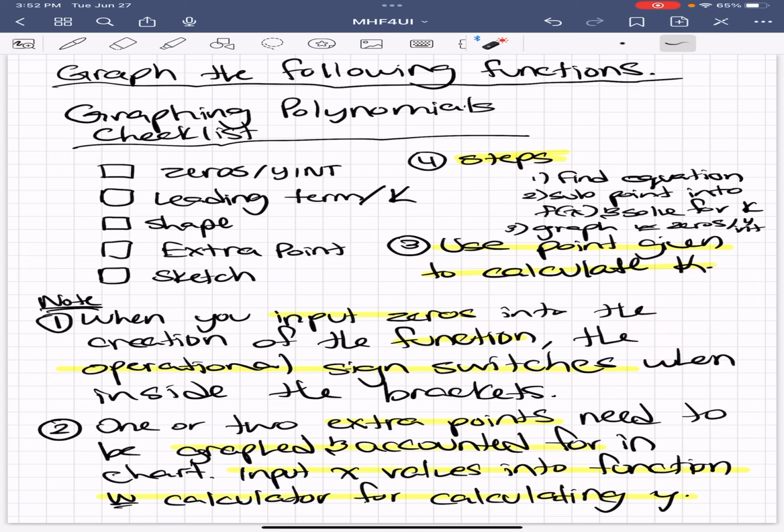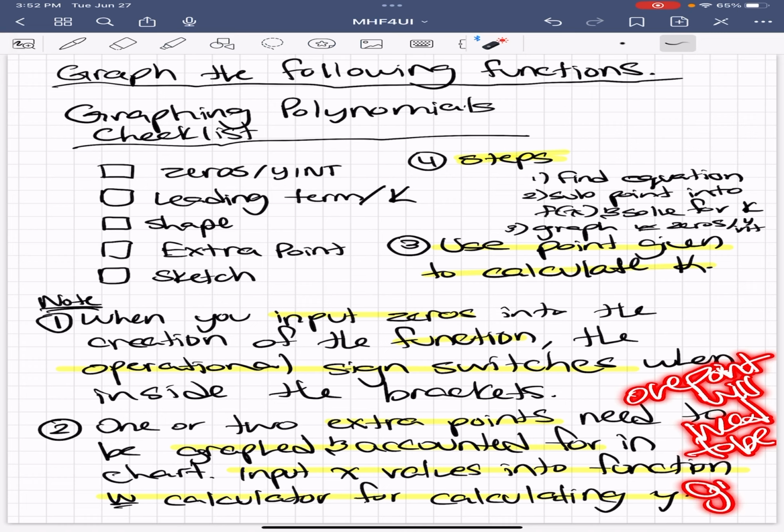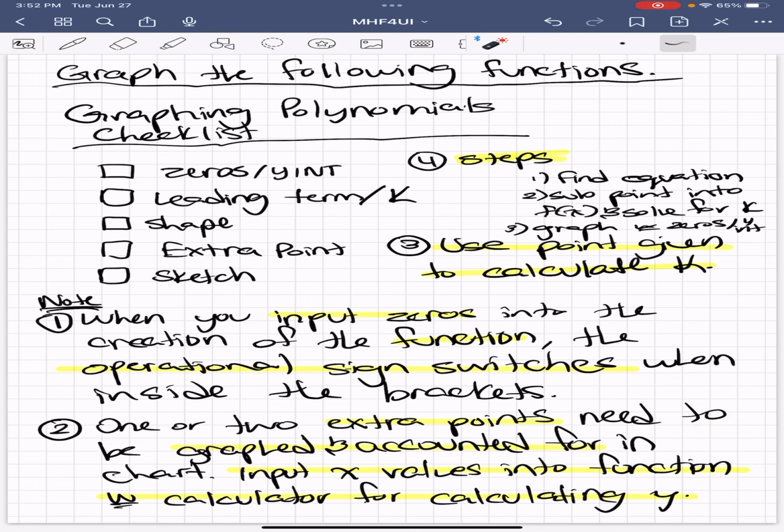One or 2 extra points need to be graphed and accounted for in a chart. Input x values into the function with the calculator for calculating the y value. So 1 point will need to be accounted for and graphed.